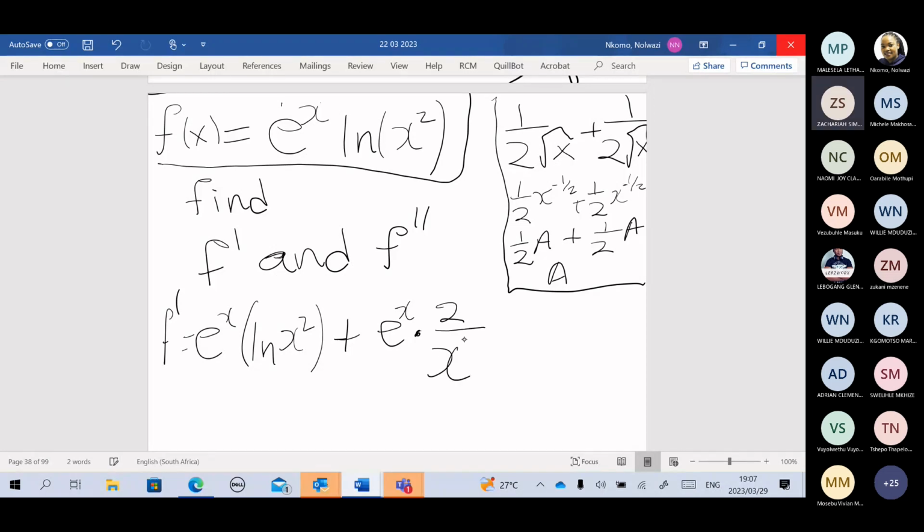So the final answer is e to the power x into ln x squared plus 2 over x.